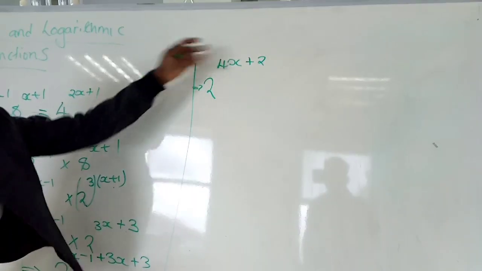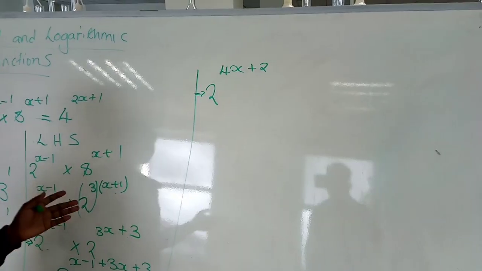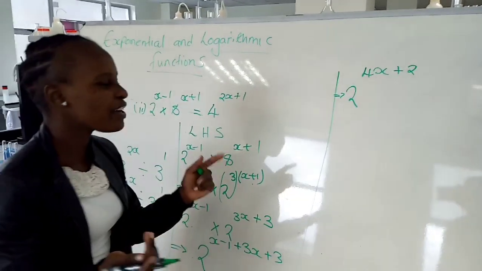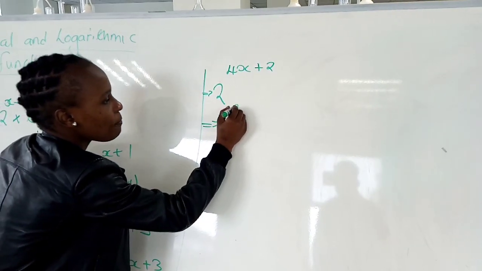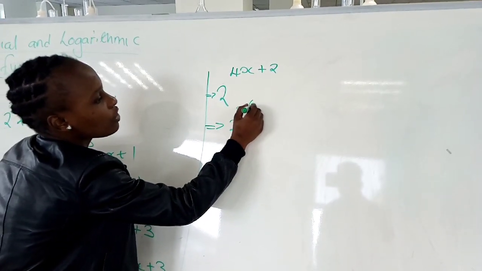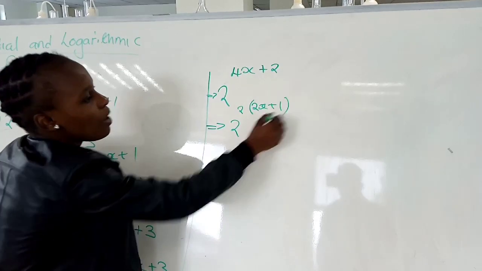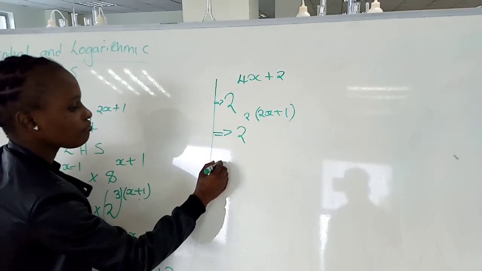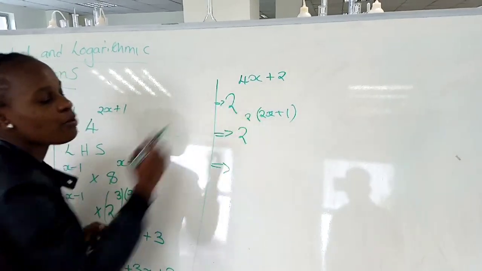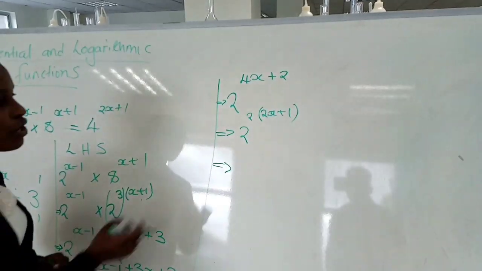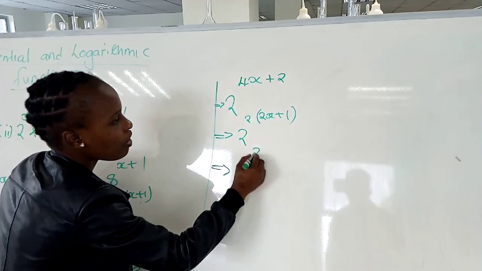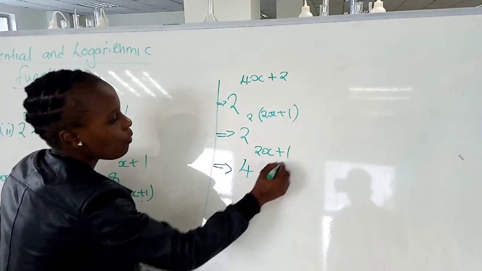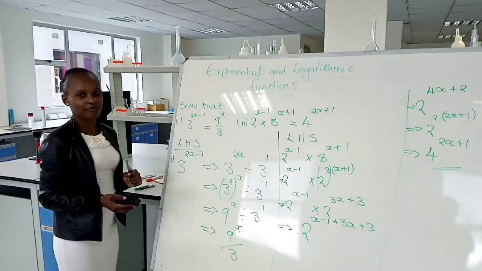From what we have here as the exponents, we can still factorize something. So this is going to be 2 raised to the power 2, then we have 2x plus 1. Then 2 raised to the power 2 gives us a 4, which is raised to the power 2x plus 1 as our final answer. And we are done with that.